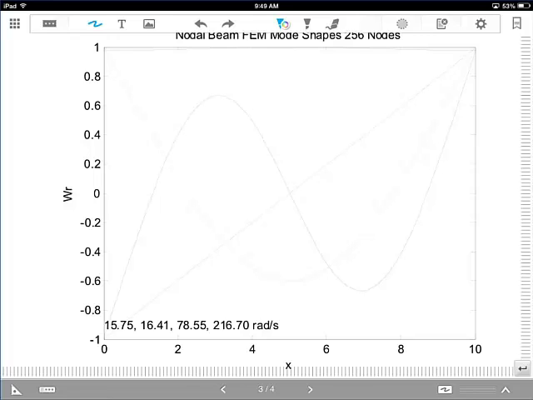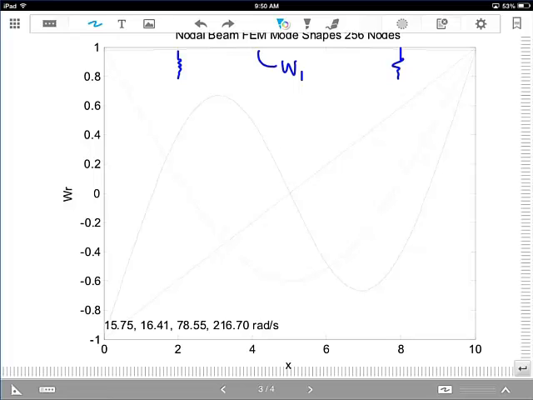So this is W1, and that's because the spring is now over here, right? The springs are going to be here and here, so they're not as far out on the beam. So that natural frequency, in terms of frequency value, is very similar, but it's just not as curvy as before.